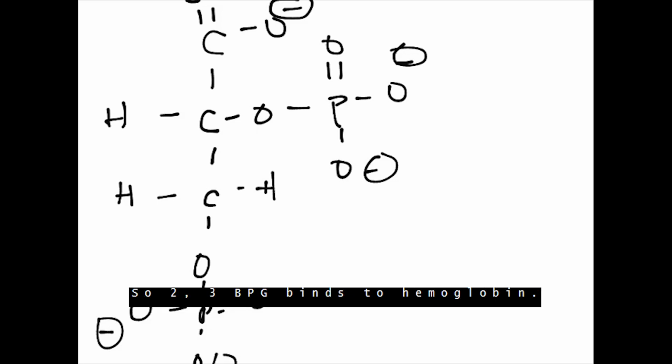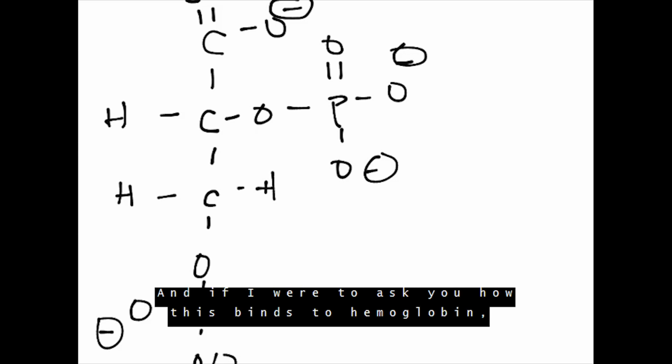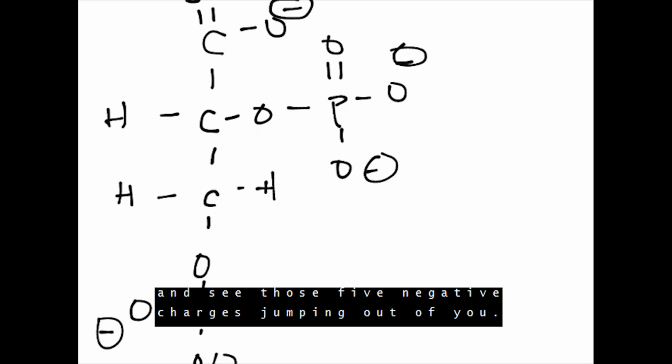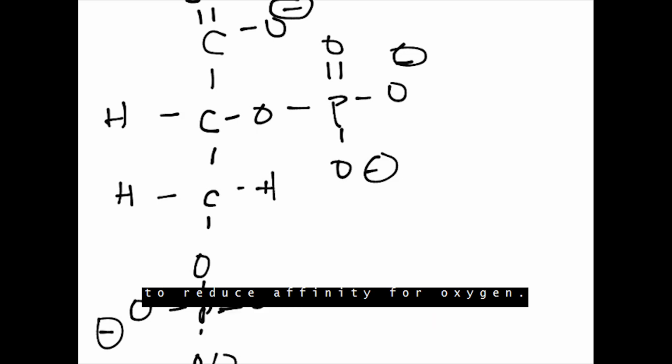So 2,3-BPG binds to hemoglobin. And if I were to ask you how this binds to hemoglobin, you should take one look at this molecule and see those 5 negative charges jumping out at you. And so this molecule binds to a positively charged patch of residues on the hemoglobin surface, and it binds tightly to reduce affinity for oxygen.